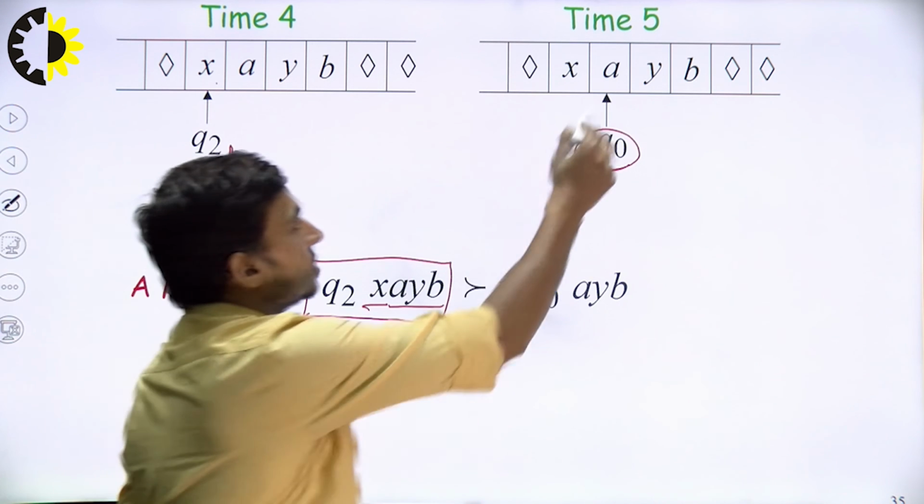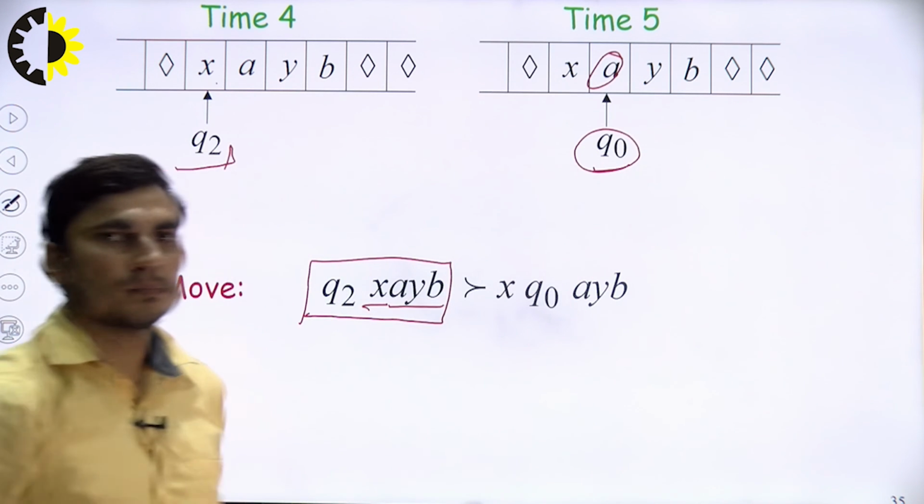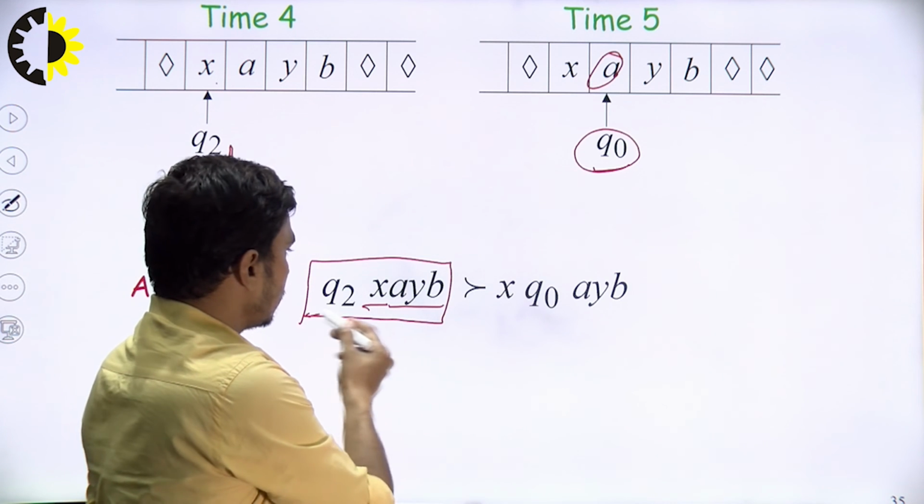So the next symbol which we are going to read is A. So this move can be represented by this ID.